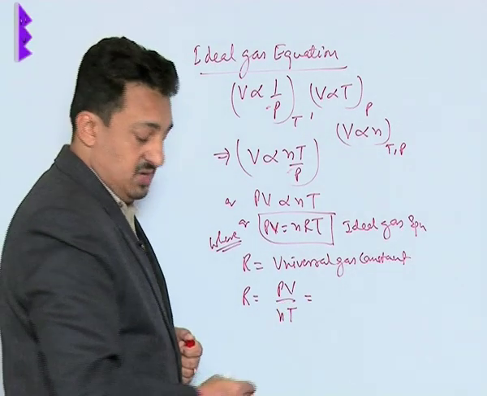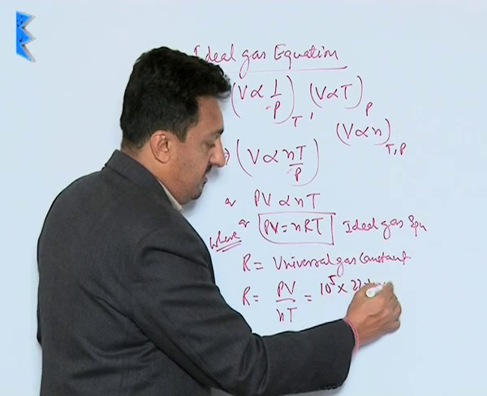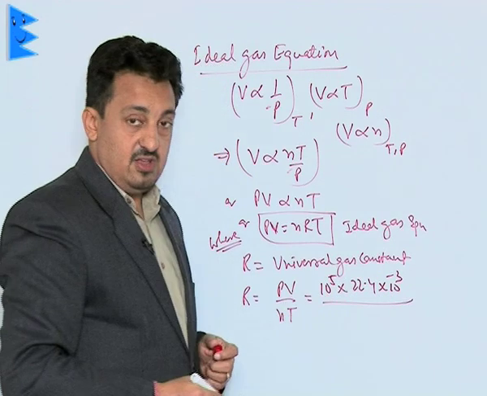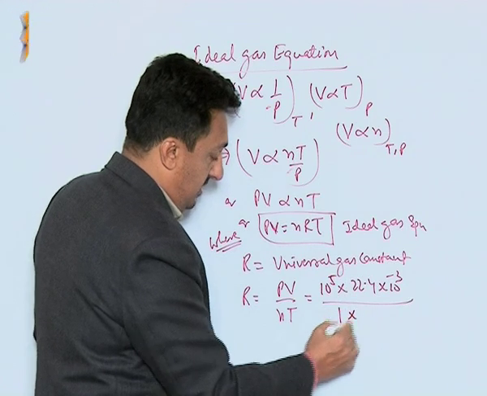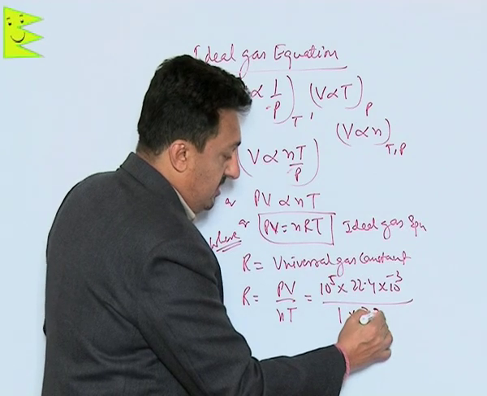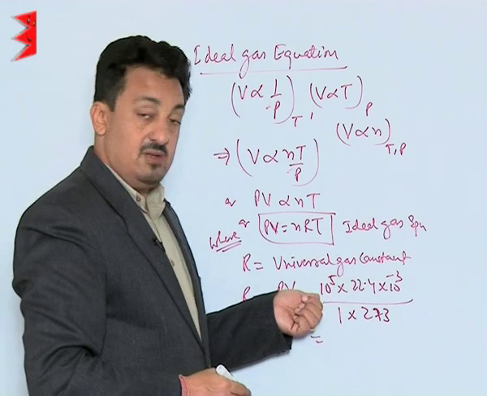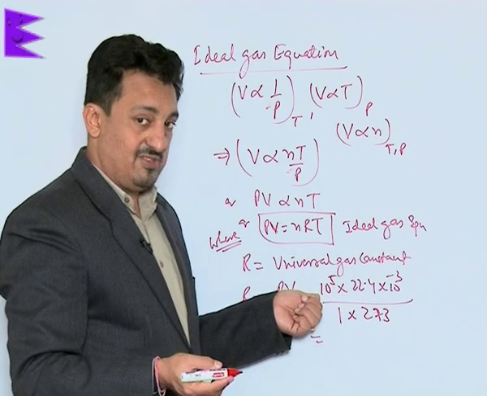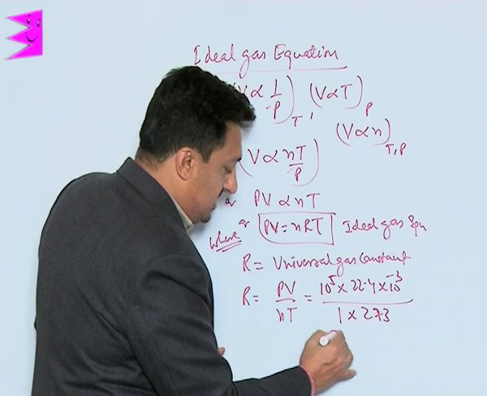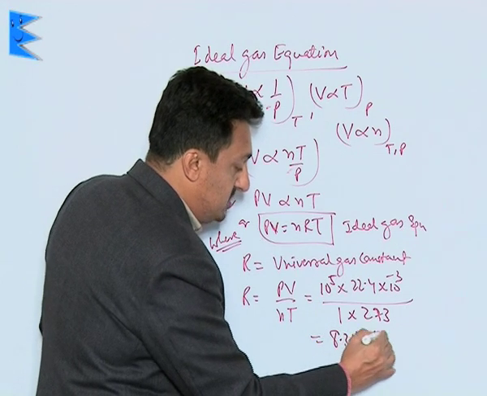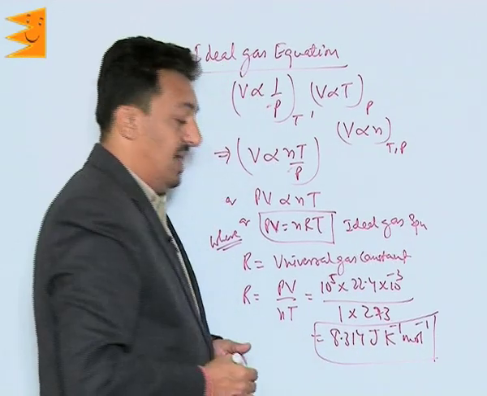If we keep the pressure 10 to the power 5 pascals, volume 22.4 liters into 10 to the power minus 3, we will change it into cubic meters, and then one mole, temperature 273 Kelvin. We can put this 10 to the power 5 pascal as 101.325 kilopascal also, because we know 1 atm is this much. What we get is an answer of 8.314 joules per Kelvin per mole. So that's the value of R we have.